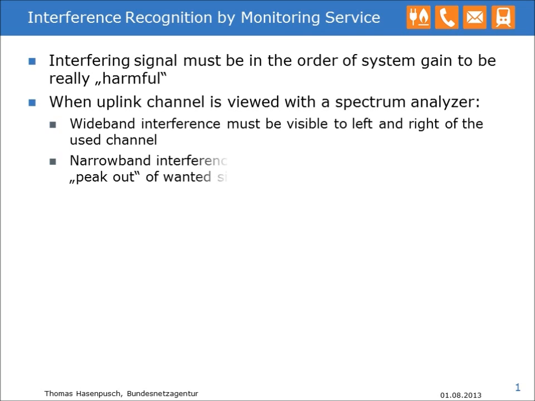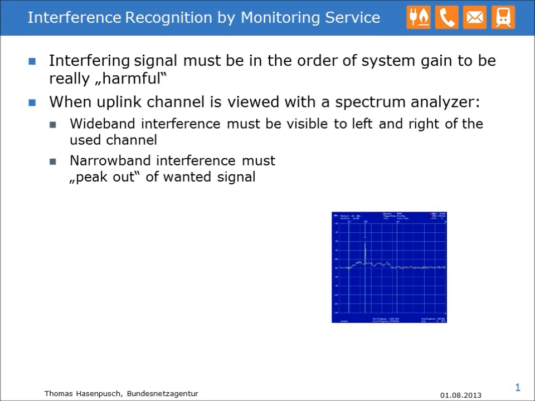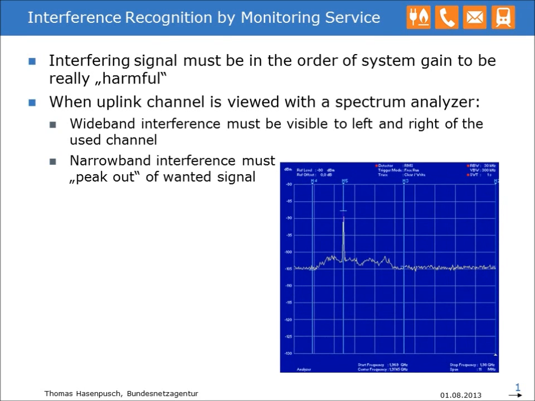When the uplink channel is viewed with a spectrum analyzer, as I said, wideband interference should be visible to the left and the right of the used channel, and narrowband interference must stick out of the wanted signal. So this is a spectrum recording we got from the operator. You can see the wanted signal here. This is the 5 megahertz wanted channel, and this is a narrowband interferer that sits on that channel.